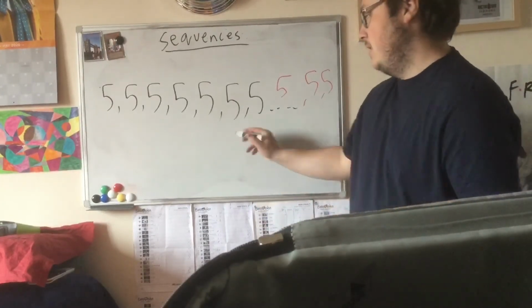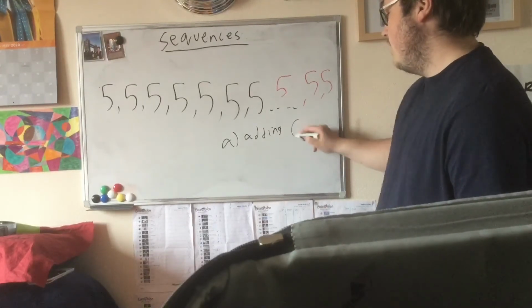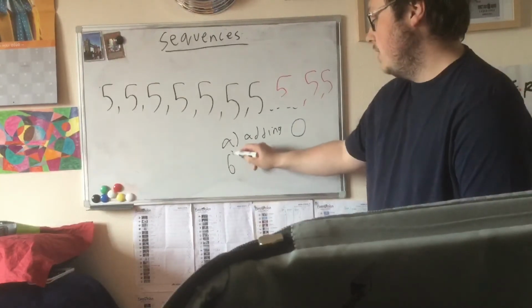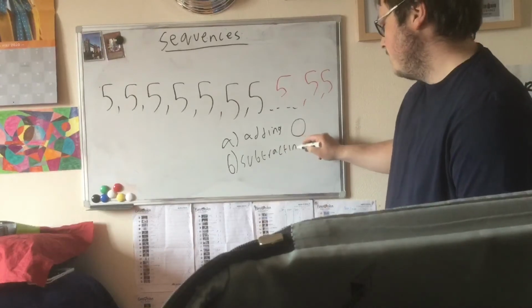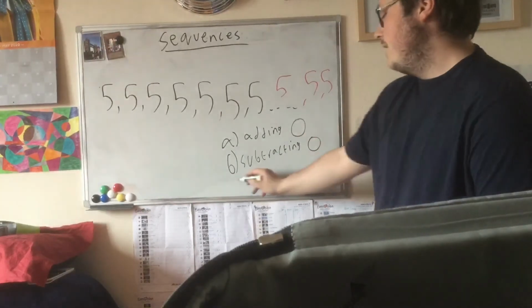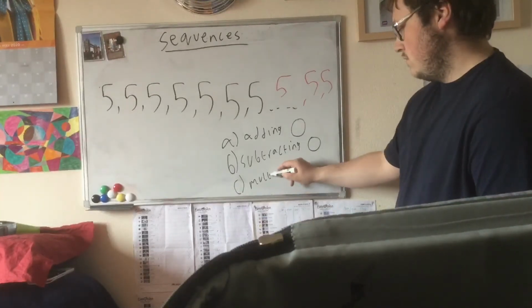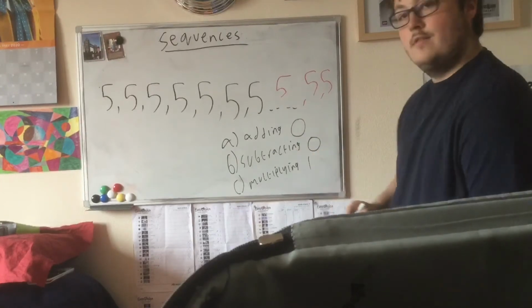The first possible answer is that you're adding 0. It could be. The second possible answer is you're subtracting 0. And the third possible answer is you're multiplying by 1.